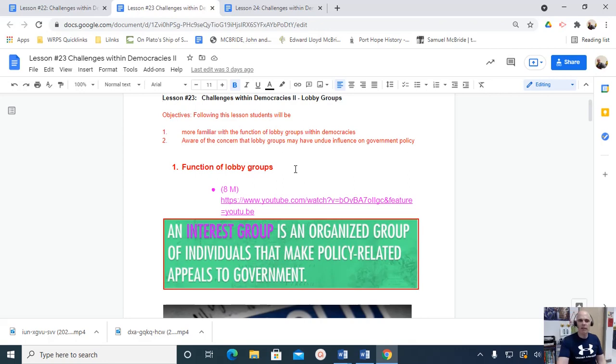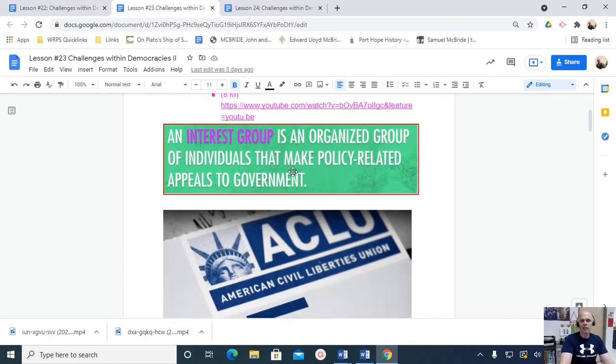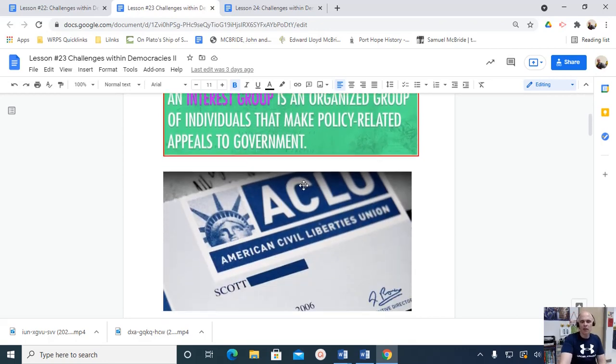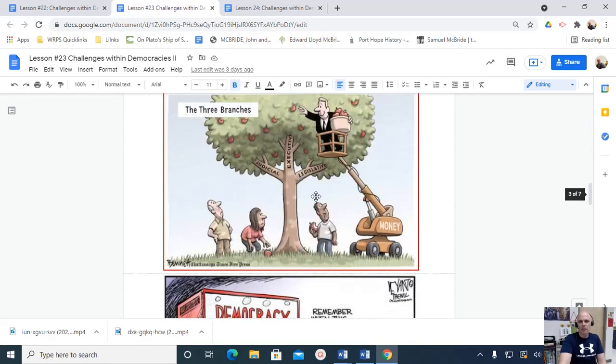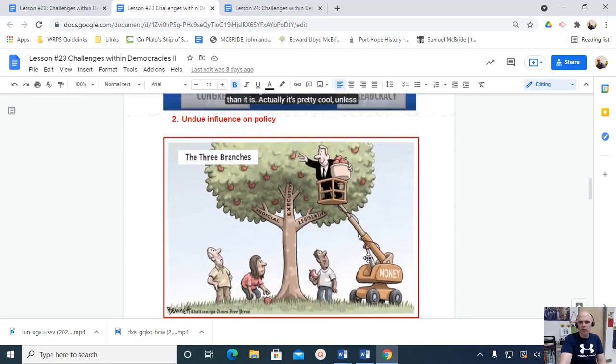But the problem is when a lobby group, instead of just promoting a policy that could make democracy better, becomes so powerful that it ends up getting an undue amount of influence. So a lobby group with an enormous amount of backing behind it may be able to circumvent the normal procedures to get government's attention at the expense of other citizens.